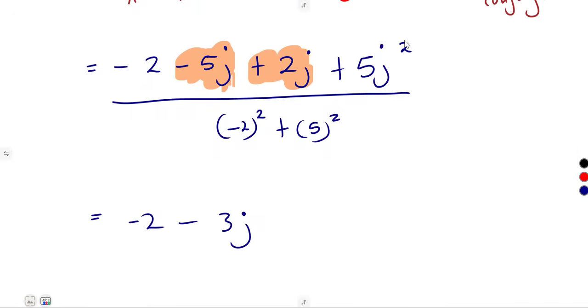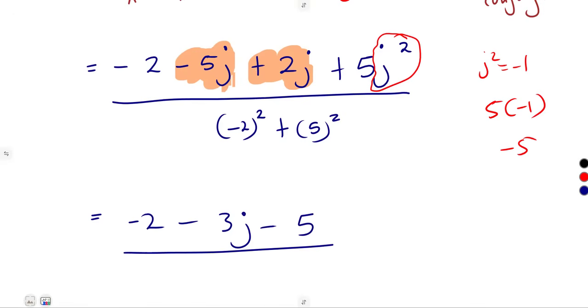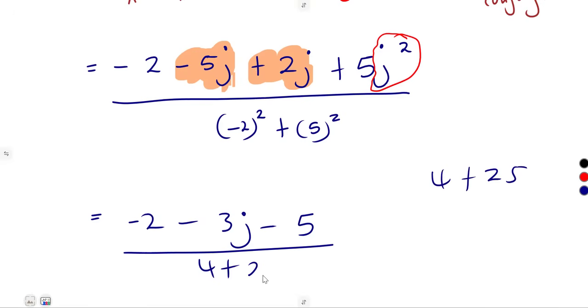And remember, I said j squared is what? Minus 1. So 5 times minus 1 is minus 5. Everything over the denominator, which is minus 2 squared, that's 4, plus 5 squared, which is 25. Okay, 4 plus 25 is 29.